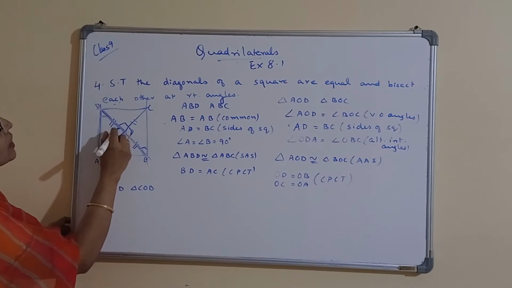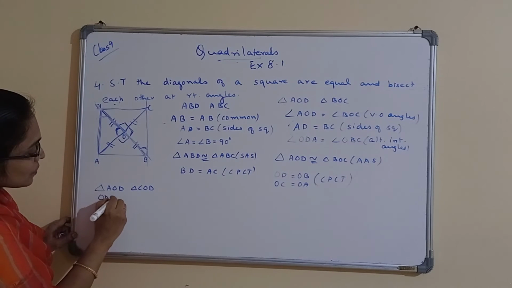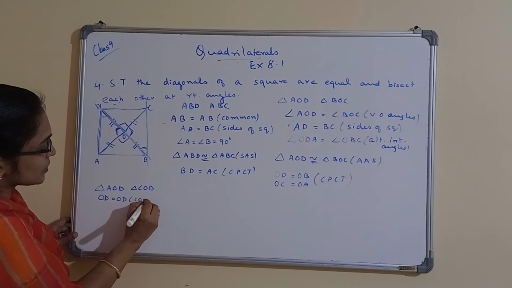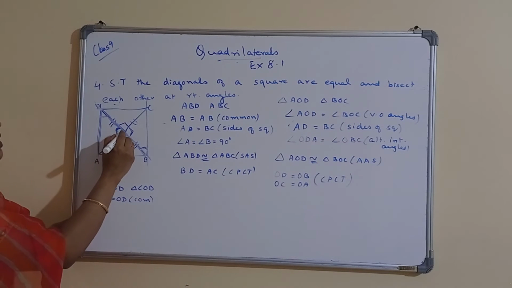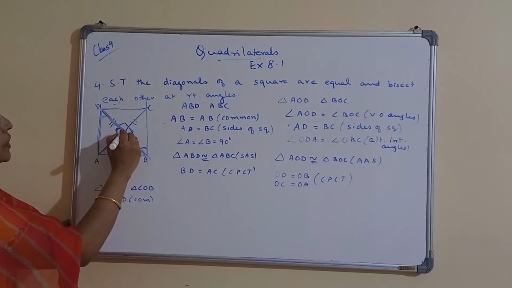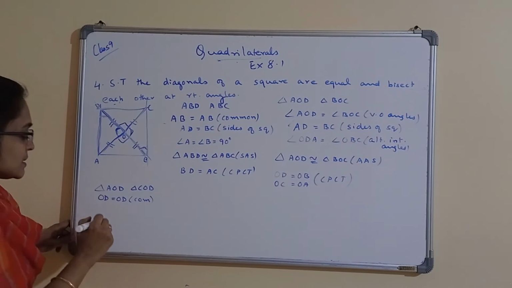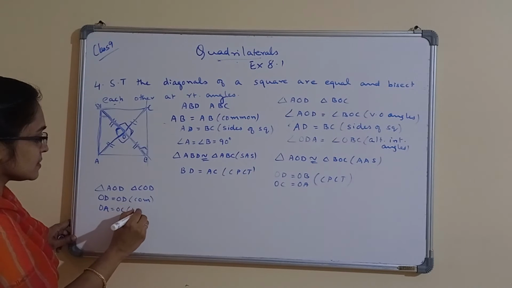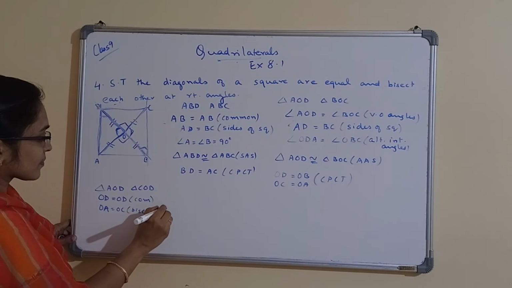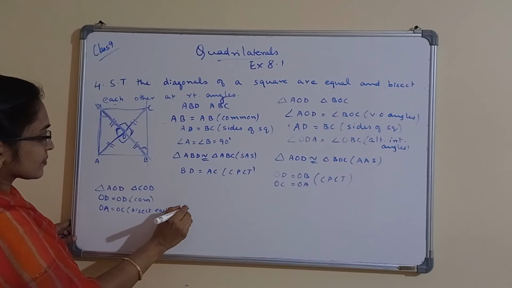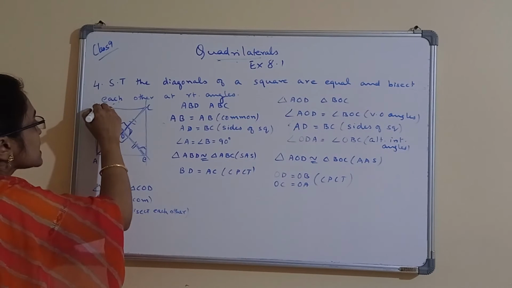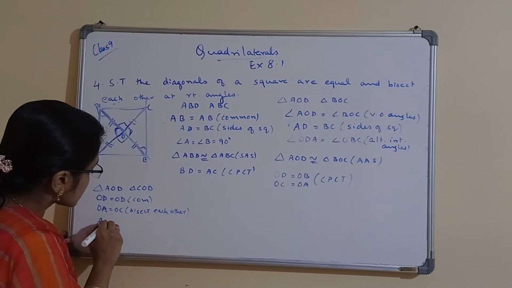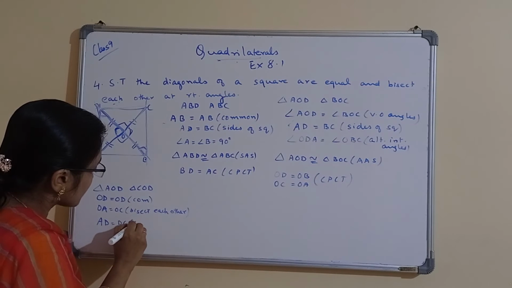We have OD is equal to OD because it is the common side. Now, we have proved that OA is equal to OC because they bisect each other. And AD is equal to DC because they are the sides of a square.